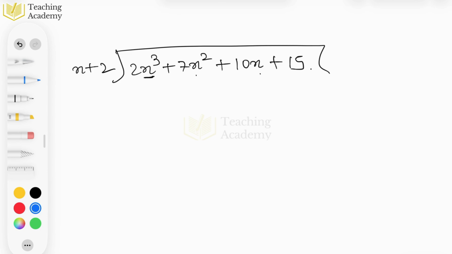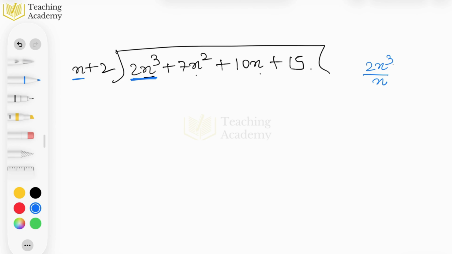I am going to change the color so that I can show you the different steps. The first term is very important for all divisions. This is my first term for the divisor and dividend. So I'll do 2x cube divided by x, because the dividend will be on top and the divisor will be the lower one.